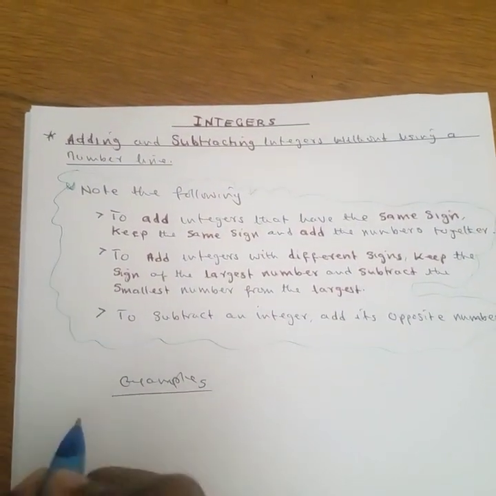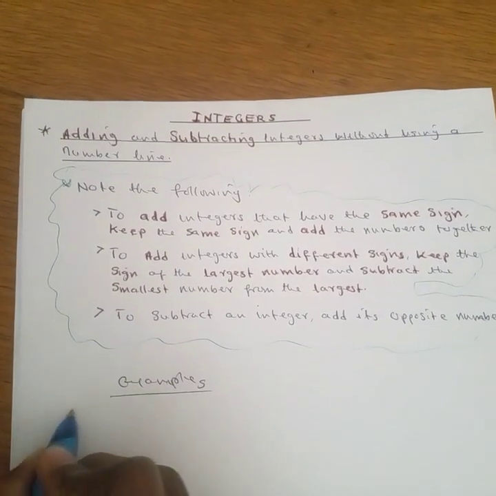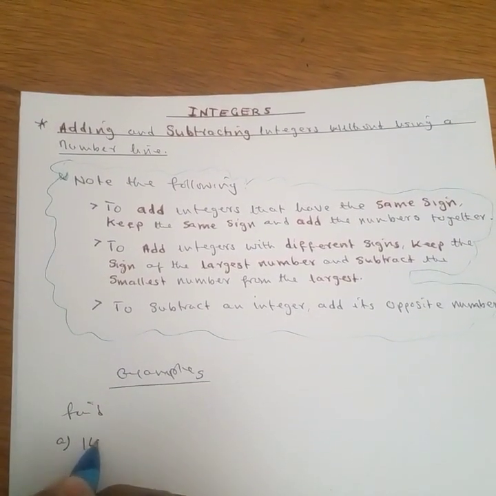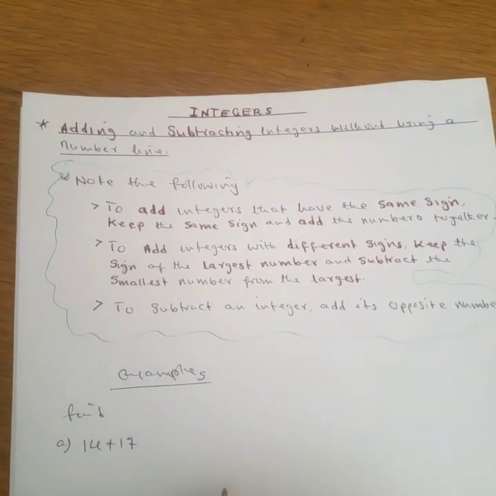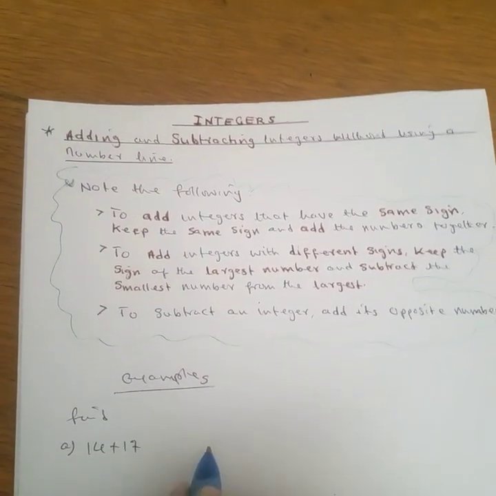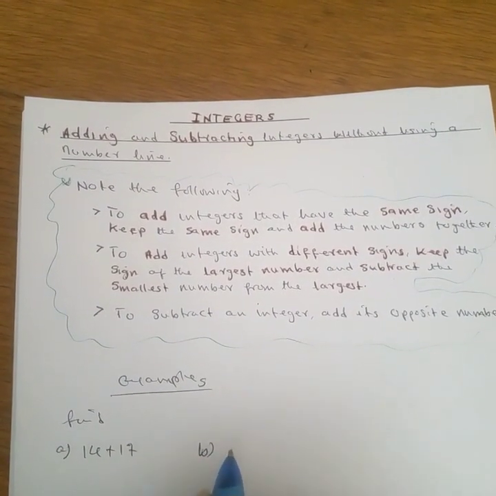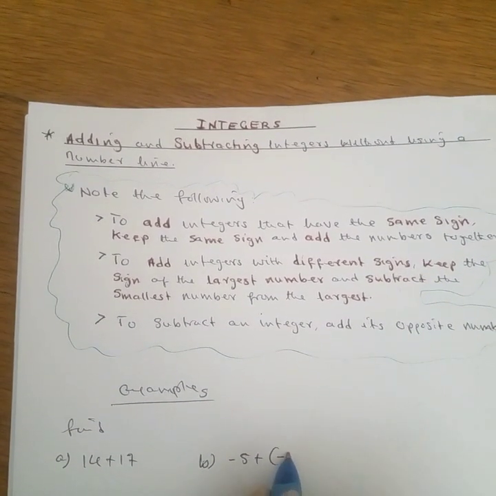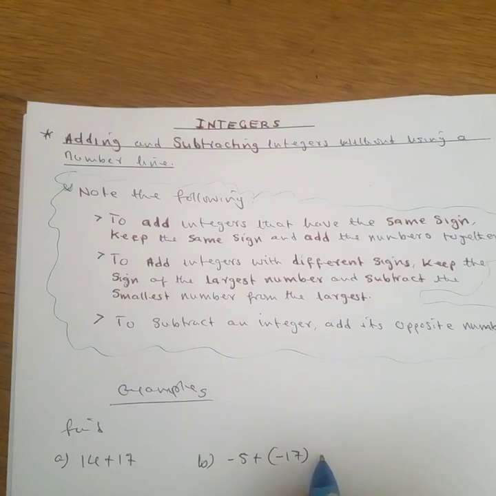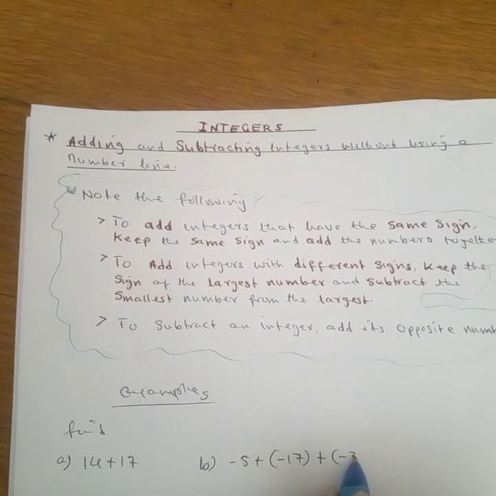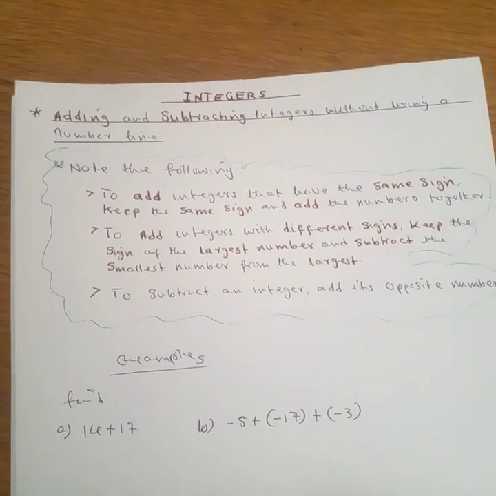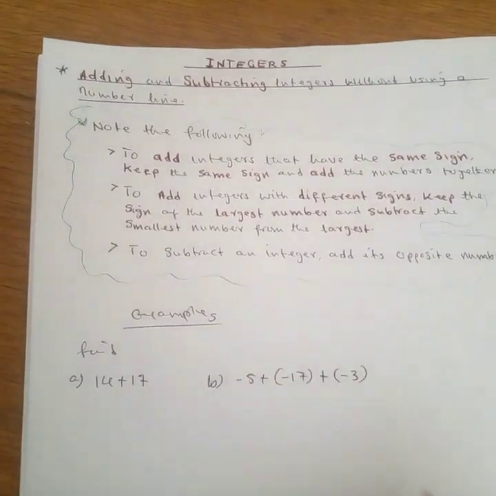Number one, we are simply saying find. A, 14 plus 17. B, negative 5 plus, open brackets, negative 17 plus negative 3, close brackets. How can these kinds of questions be solved?